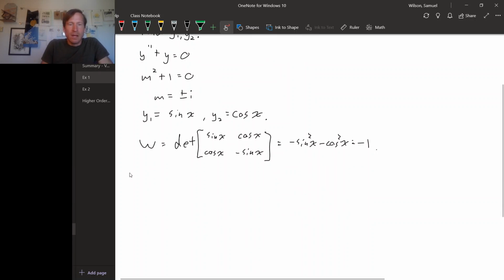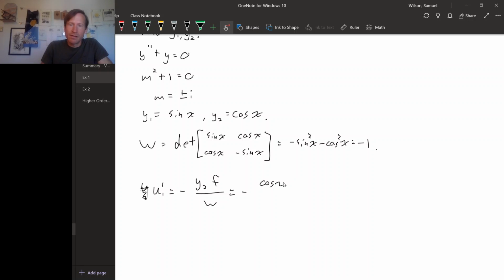Okay, now we can use the formula for u1 prime and u2 prime. So u1 prime is minus y2 f over the Wronskian. So minus y2 is cosine.